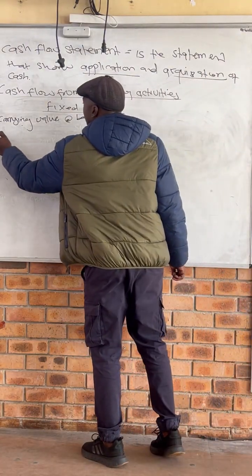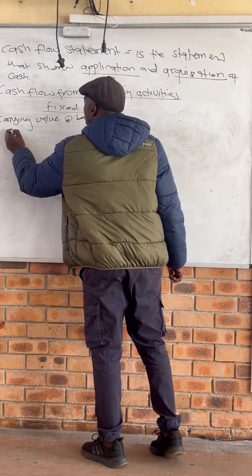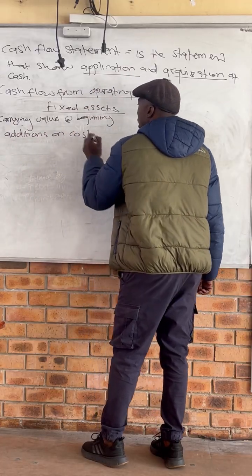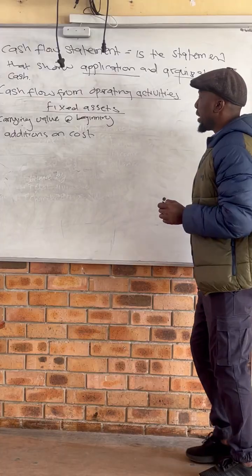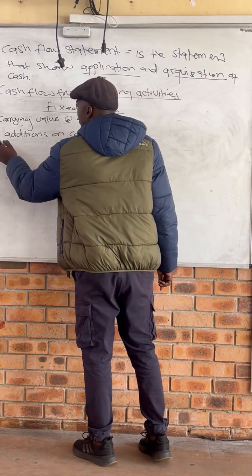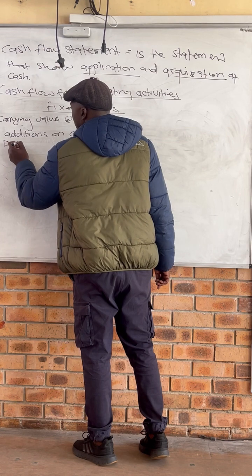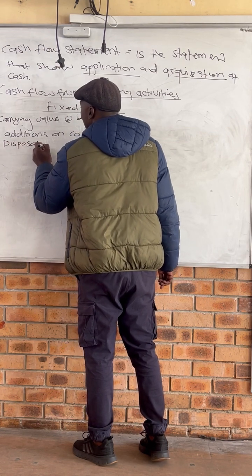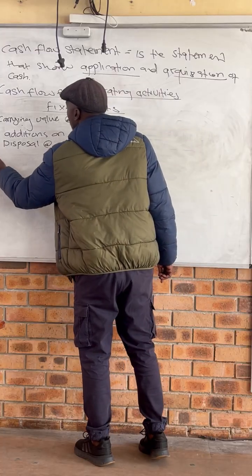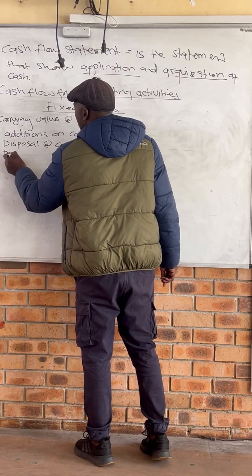And then what do you do with the carrying value at the beginning? You are going to add your additions on cost. And then addition on cost, you are going to subtract your what? Your disposal. Disposal at carrying value. Then you are going to subtract your what? Your depreciation.